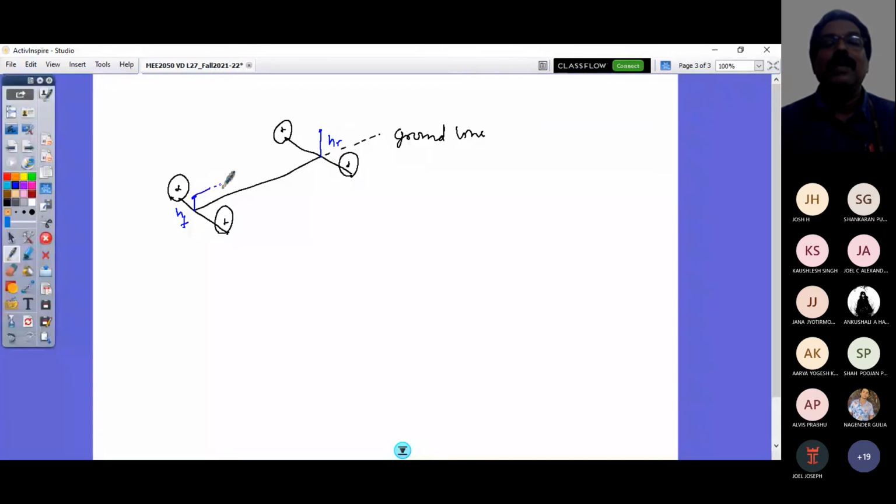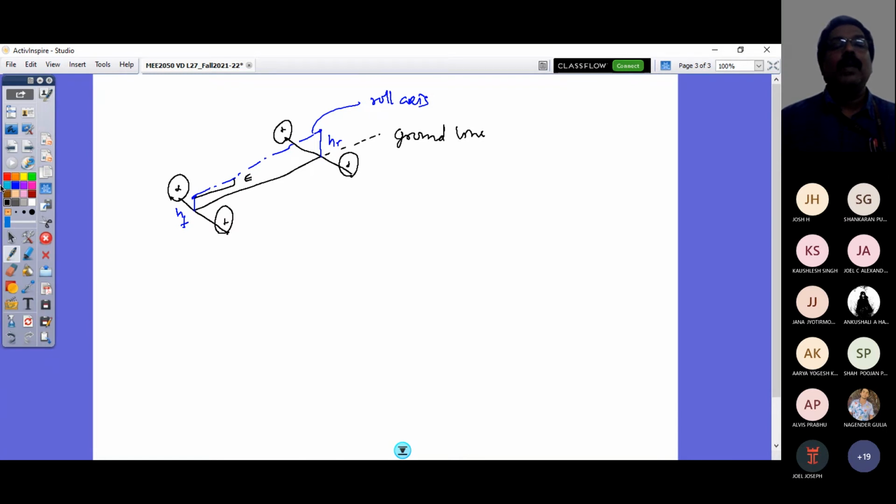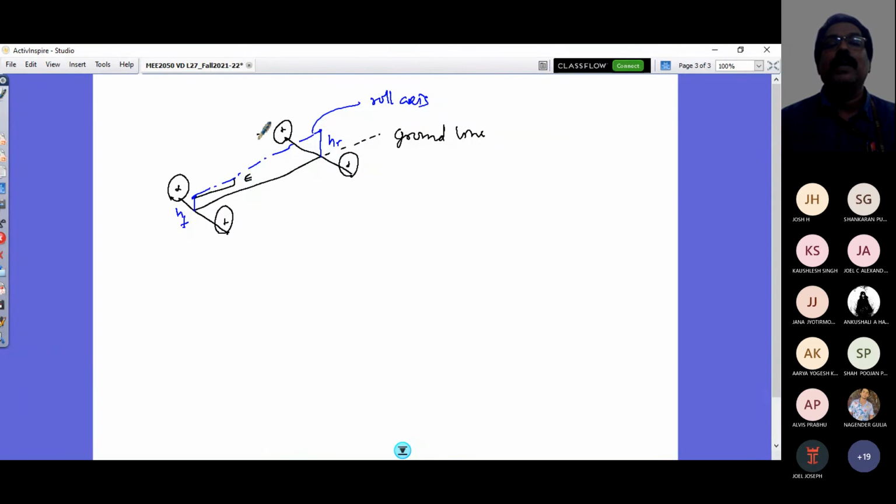And this line is what is called the roll axis. This roll axis is inclined because of this, and that angle is epsilon, right? Now your CG is located somewhere here. This is your CG location.